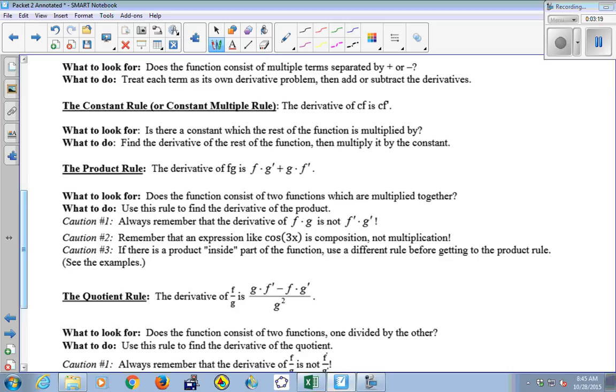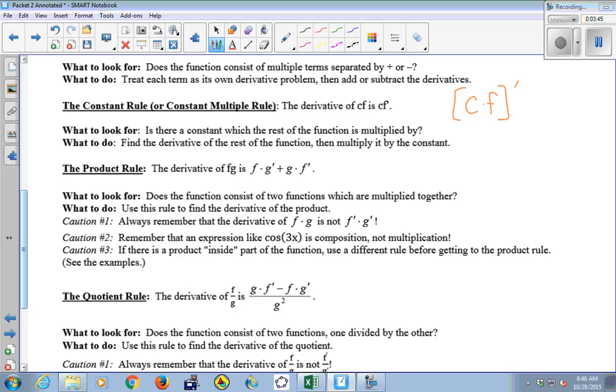There are some of you, a whole bunch of you actually, who I often see trying to take the derivative of this by using the product rule. And it will come out the same, but you don't have to do that. It will come out the same if you do first times the derivative of the second plus the second times the derivative of the first. But the derivative of the first is always going to be 0, and so that whole term will just go away.